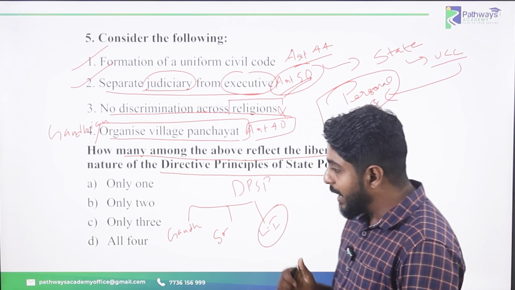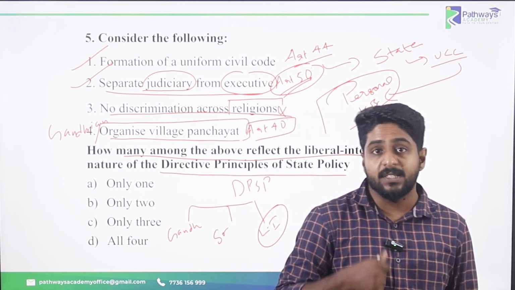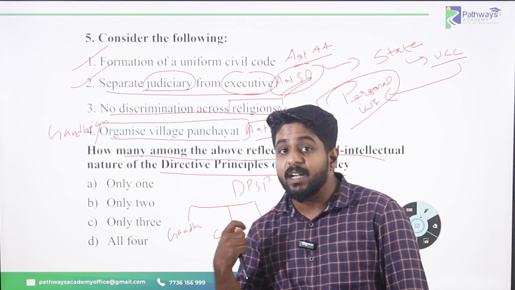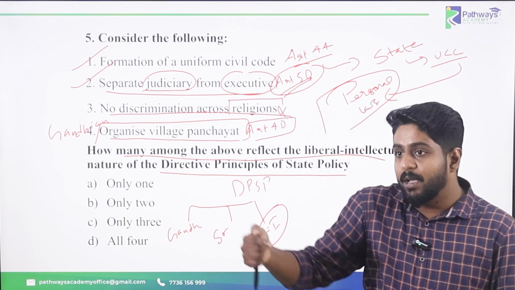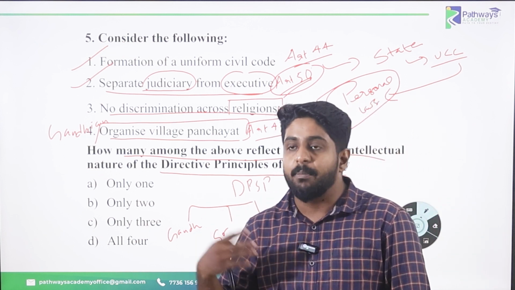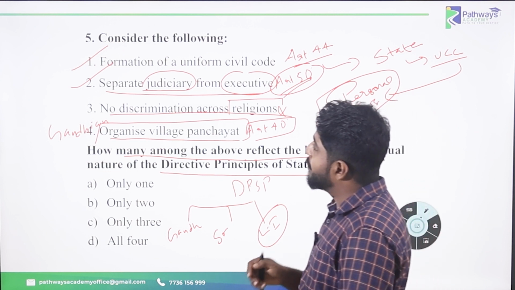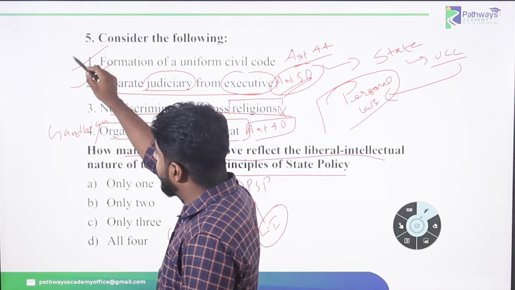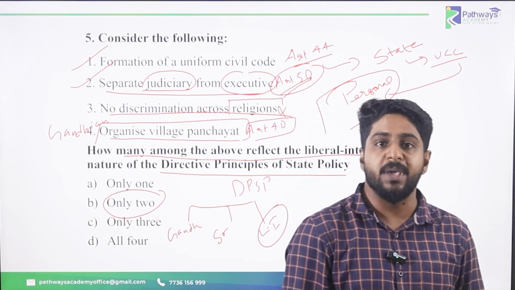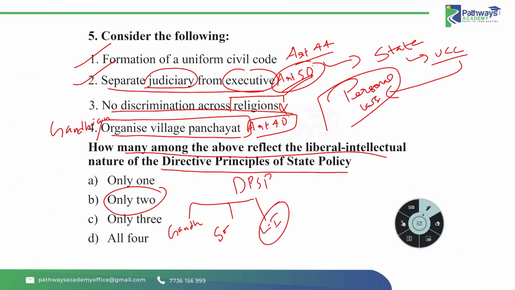Liberal intellectual principles means those principles that keep on changing according to the time. It is something in relation with the society, with the time, that keeps on changing, keeps on updating. So those kind of principles are liberal intellectual principles. So the answer for this question is option B, only 2 of the options.